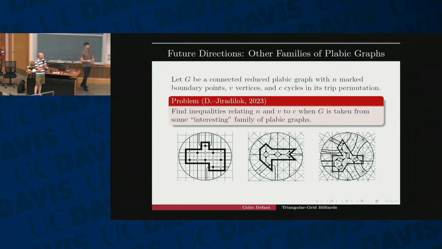Okay, so the question is, what are the possible cycle sizes in a trip permutation, or I guess in a billiards permutation, I'll say. I think it should just be everything that's at least 3. Right, you can't have 2-cycles, and I'm pretty sure you can construct it for anything that's 3 or bigger.